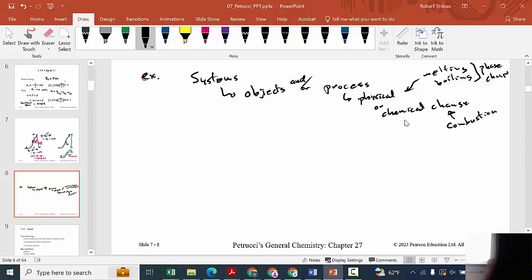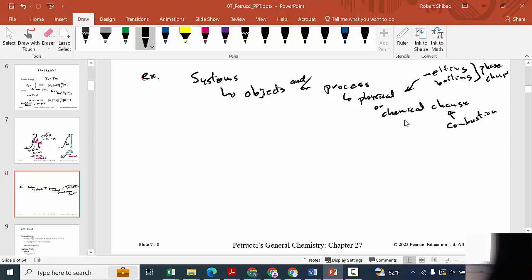But pH is something that can be non-invasive. Like for example, if you want to measure the pH of a cell, do you have to burn it up, or hopefully you don't have to break it? But people are trying to measure the pH of the intracellular fluid without breaking the cell membrane or something like that. They're trying to be as non-invasive as possible. And so pH would be more of a physical property.